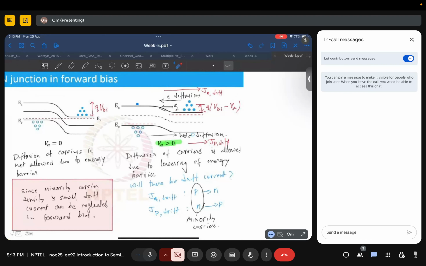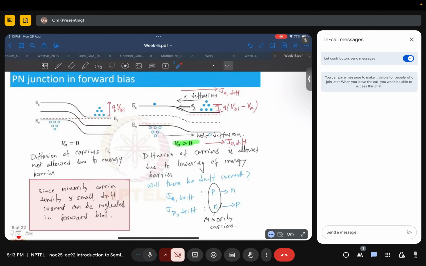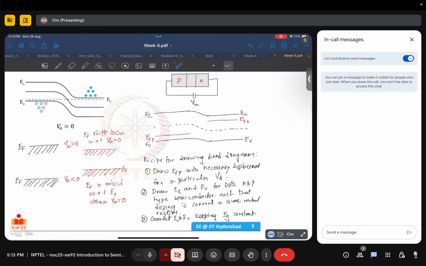So the major phenomenon for the current in forward bias that we have already seen is diffusion of majority carriers, right? From here to here, electrons will diffuse. From here to here, holes will diffuse.